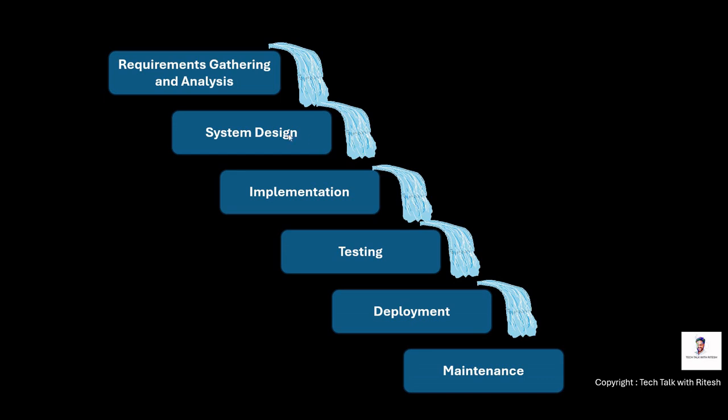That's why it is tricky in a way, because sometimes, for example, during system design, we understand that there is one requirement which is not yet clear. We should go back to the previous phase and confirm, have some more brainstorming sessions with clients, customers, and stakeholders to gather more understanding. But the waterfall model doesn't allow that.